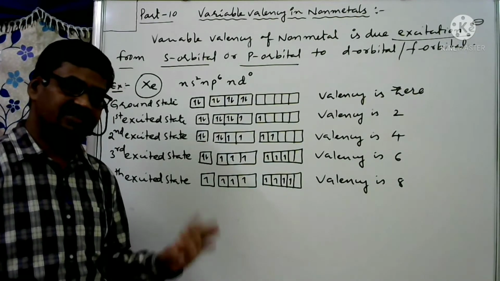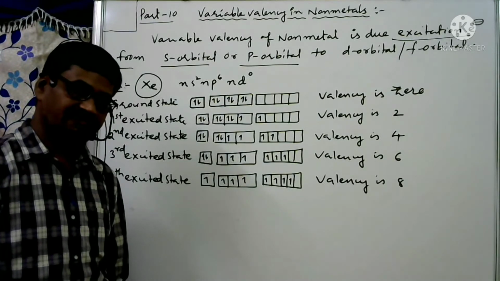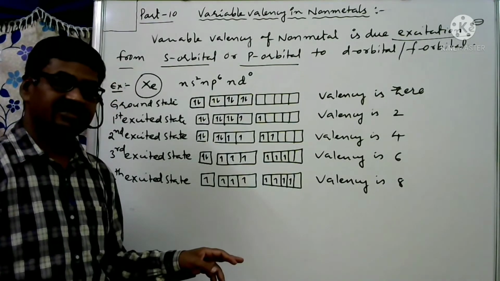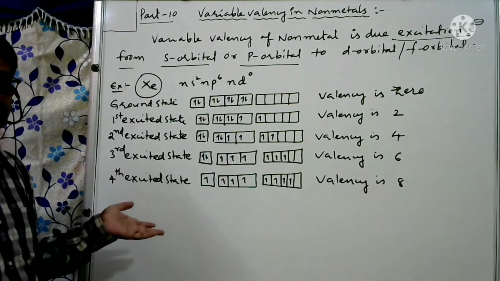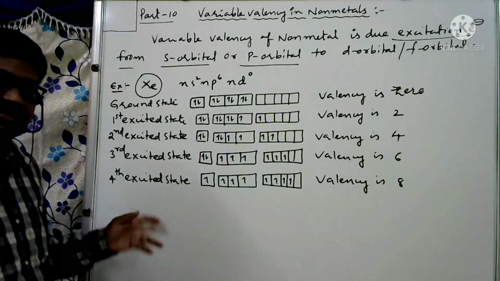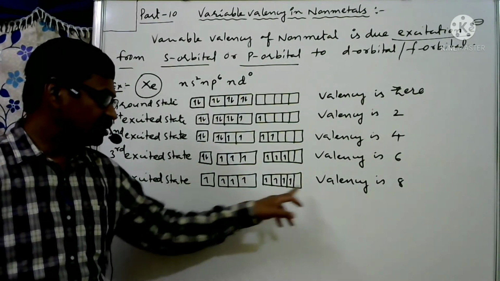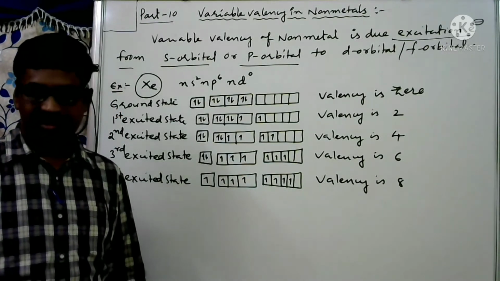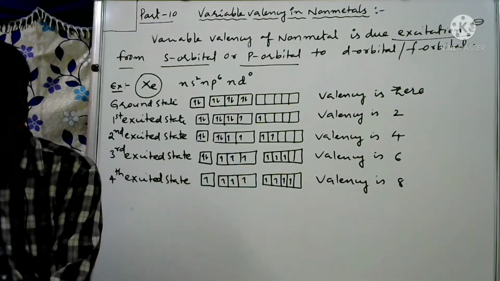If one more electron pair also gets excited, that is the second excited state, and likewise the third and fourth excited states. For xenon, the maximum number of excited states is 4. In the fourth excited state, the number of unpaired electrons present is the valency. Like this, we can expect the valency of non-metals.